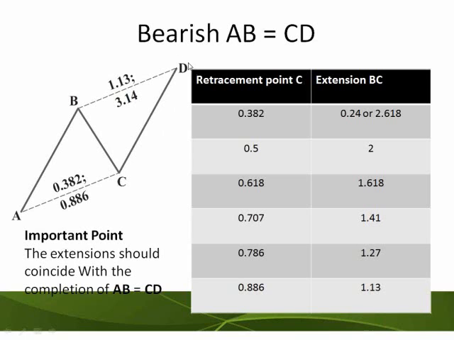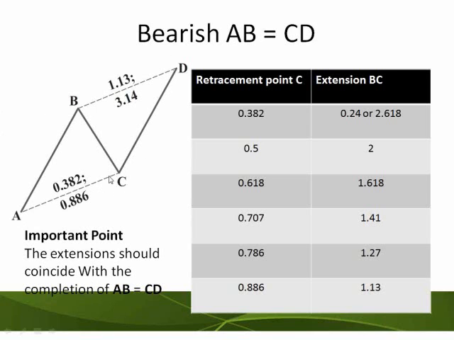Now, if you are someone who is not trading with leverage, in other words, you're not trading warrants or futures or CFDs, you're trading the physical shares, if you see a pattern like this, the bearish AB equals CD, you may consider selling your holding and waiting for the next bottom. The important point, the extension should coincide with the completion of A to B equaling the same distance, C to D.